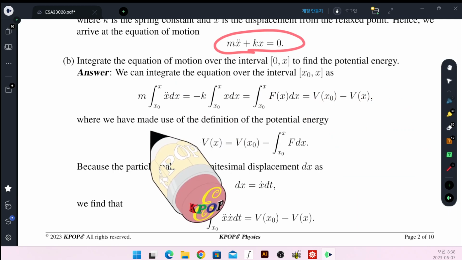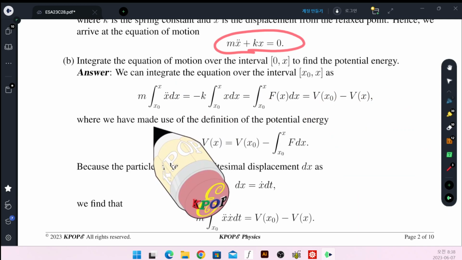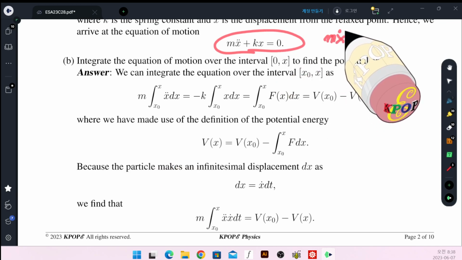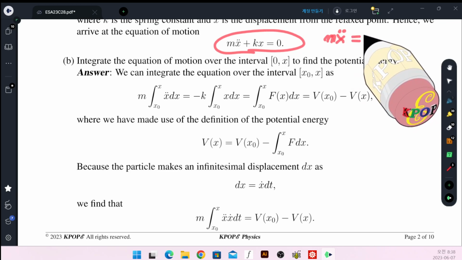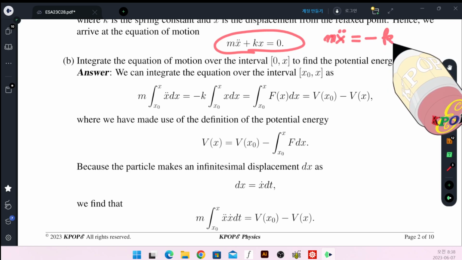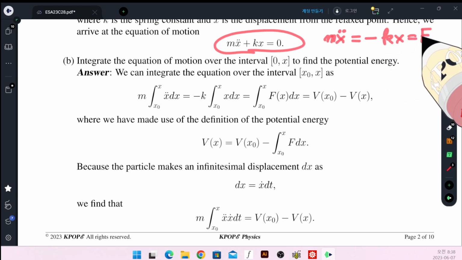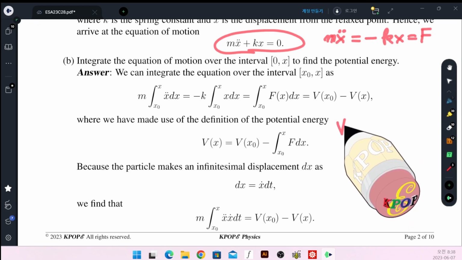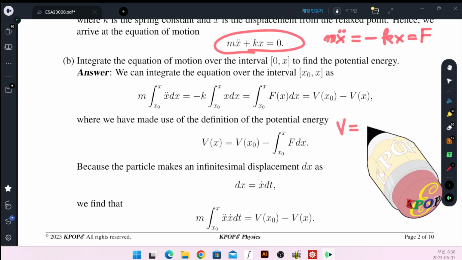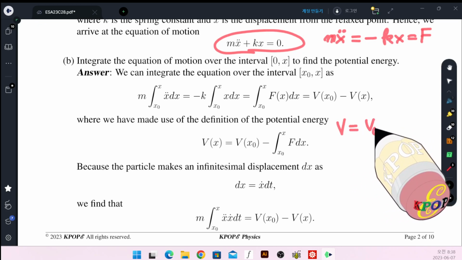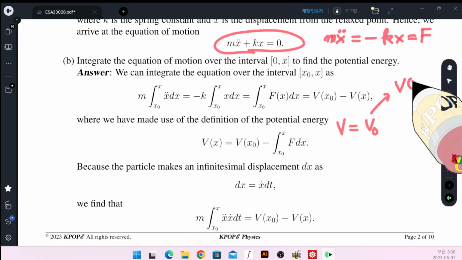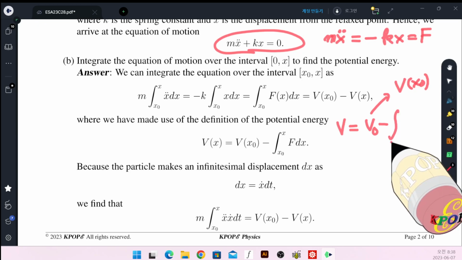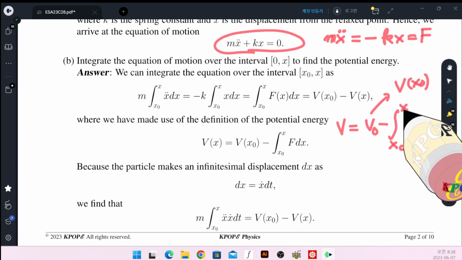Potential energy can be obtained. By the way, we expressed m times the double time derivative of position minus kx. This is F. We recall that potential energy is defined by V0, the value at x0 as a reference point, minus the integral of F dx from x0 to x.